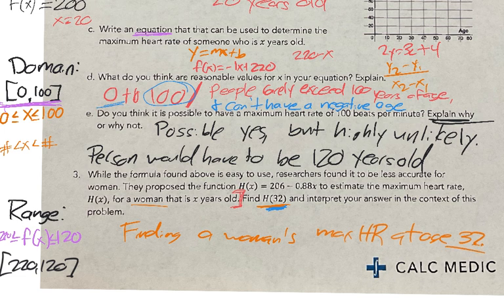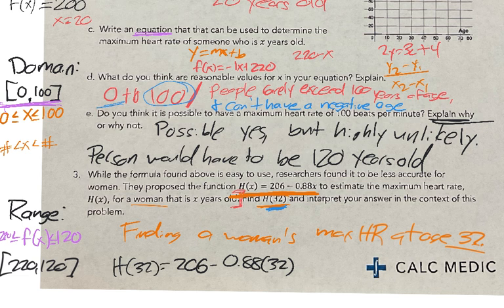And how could we find that? Well, we don't have to make the equation. The equation's already made. Plug 32 in for X. That's it. So h of 32 would be 206 minus 0.88 times 32.